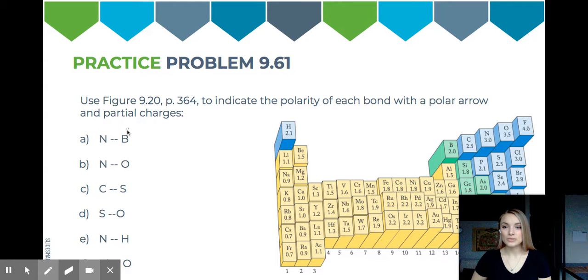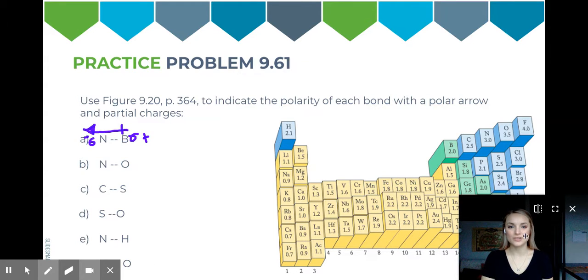So hopefully when you saw the polar arrow, you were able to figure out the plus indicates the positive side, and the arrow is pointing towards the more electronegative element. And then if we use partial charges, you're also going to have little lowercase delta plus and delta minus. All right, pretty simple.